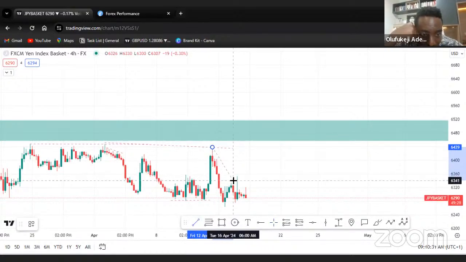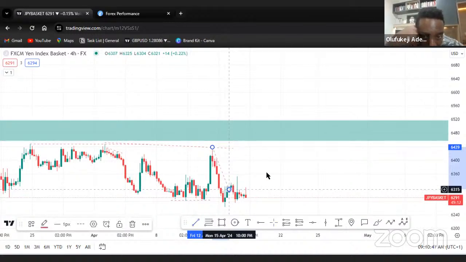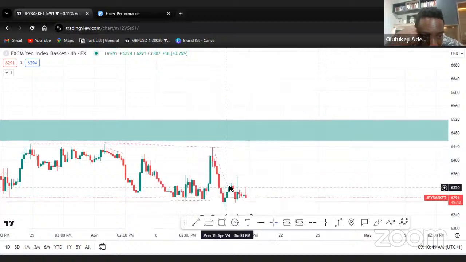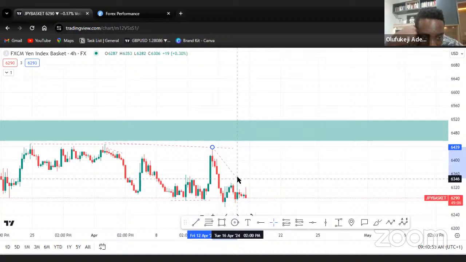You draw that trend line. Let it touch the top of that other one, the 3 lines, let it touch the 6360, and then where price currently is, there's liquidity there. All the way down.